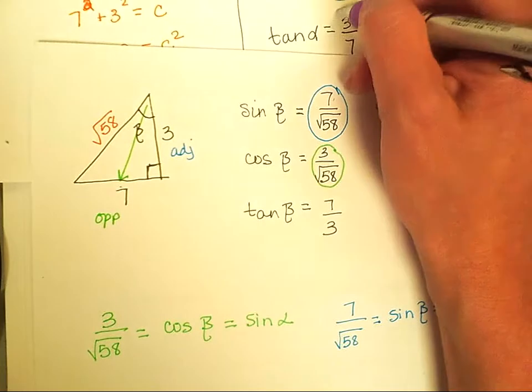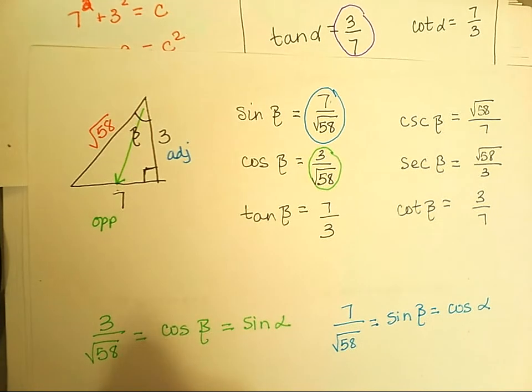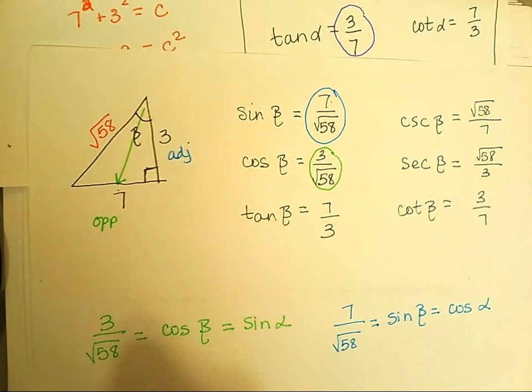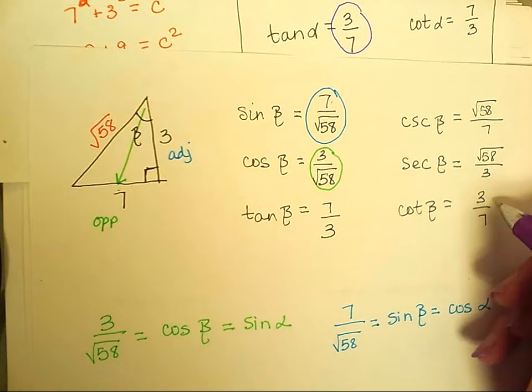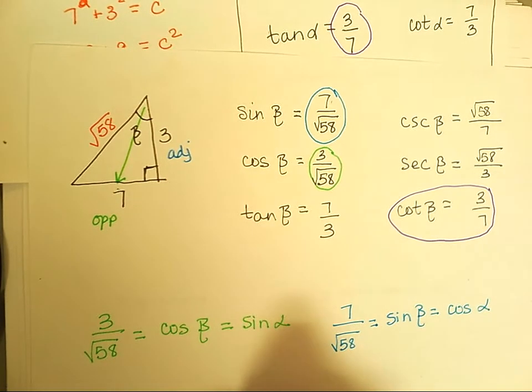Here we have 3/7, the tangent of alpha. So I'll write that down. 3/7 is equal to the tangent of alpha. But we also see from here that that's equal to the cotangent of beta.